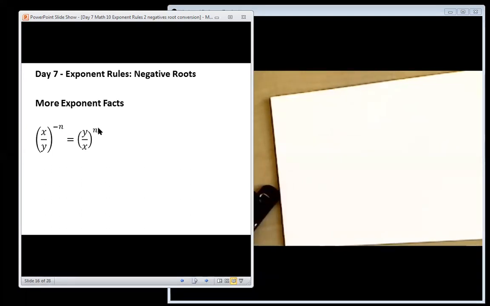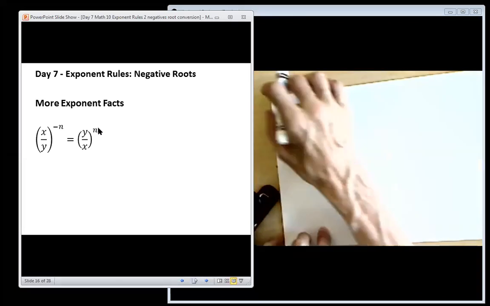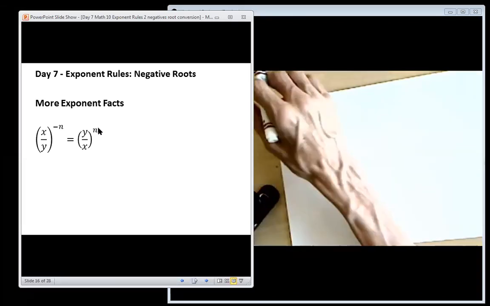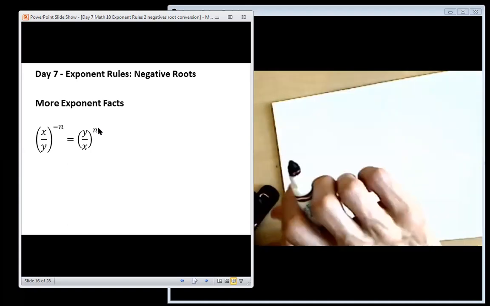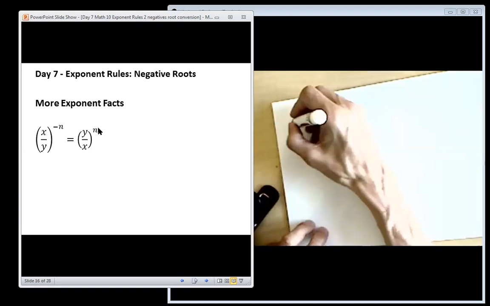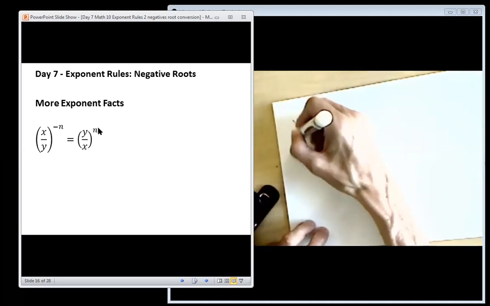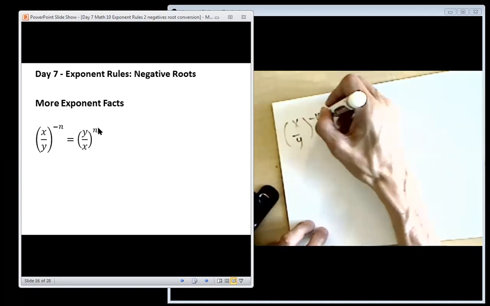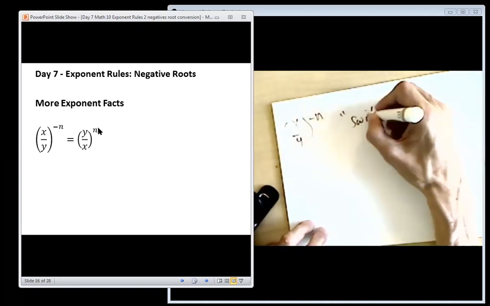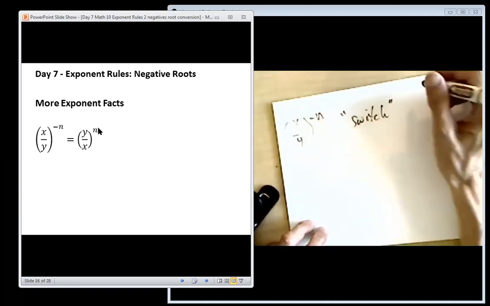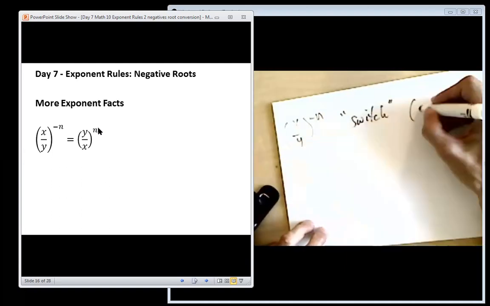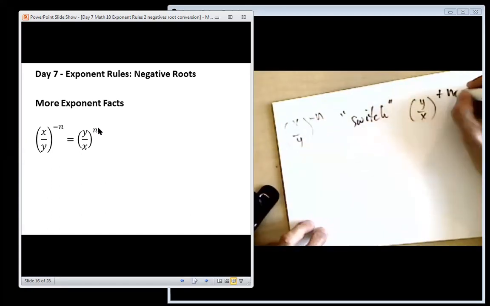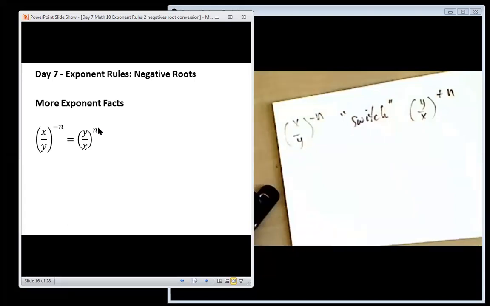Okay, now here's the proper way to do it. What you're seeing on the screen is sort of a shortcut. What you can do is just flip it and it switches. You have X over Y to the negative N. So you switch the inside. See, Y goes to the top, X to the bottom. And now, by doing that, at the same time, you have a positive N up there at the top.